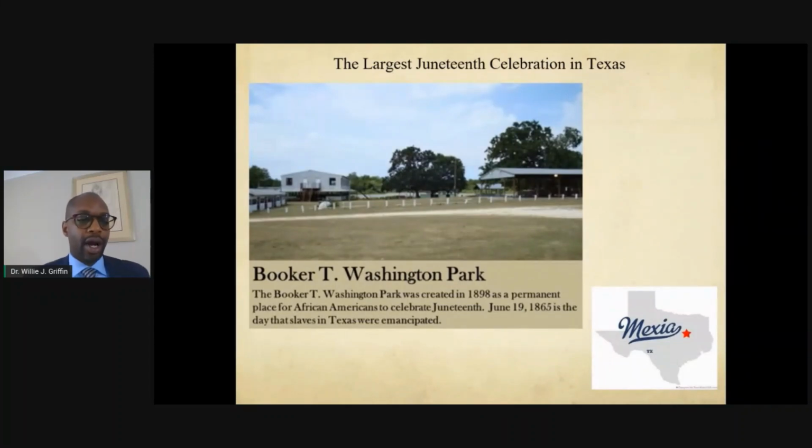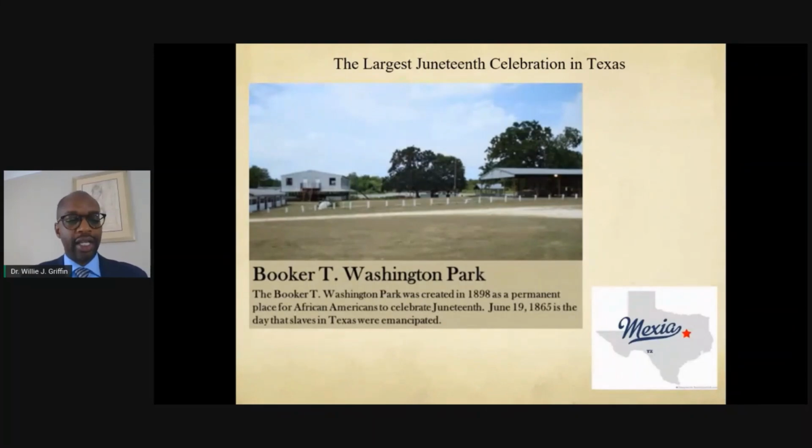However, it seems that most allowed their workers the day off, and some even made donations for food and money. For decades, the annual celebrations flourished, growing continuously with each passing year. In Booker T. Washington Park, as many as 20,000 African Americans flowed through over the course of a week, making the celebration one of the largest in the state.